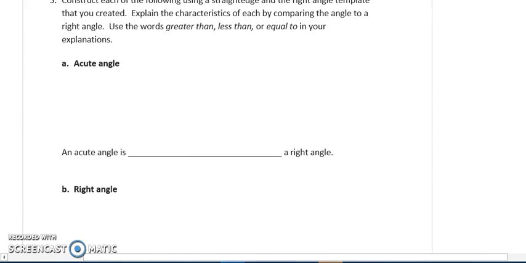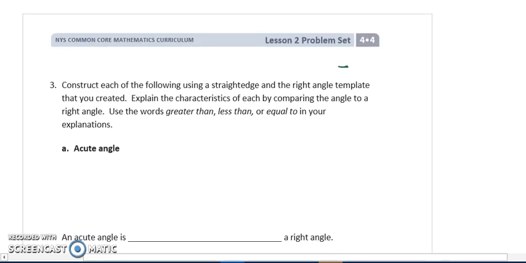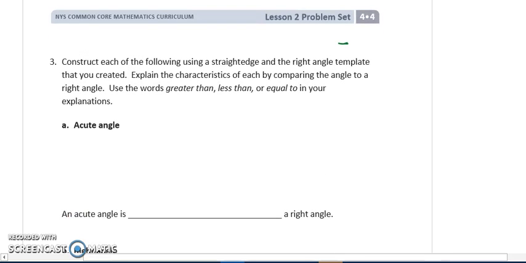Okay. Now it says, construct each of the following with a ruler or a straight edge. And use your right angle template. So use the corner of your square to make these angles, okay? So I need to make an acute angle. Oh, it's not going to let me do that.